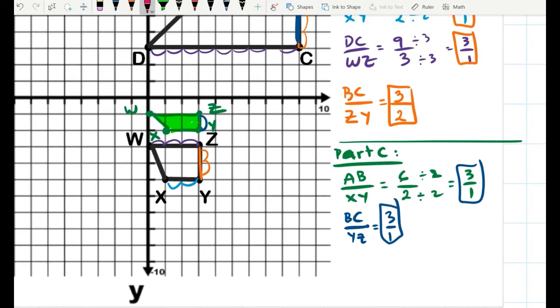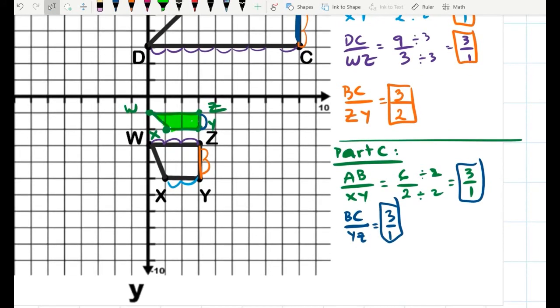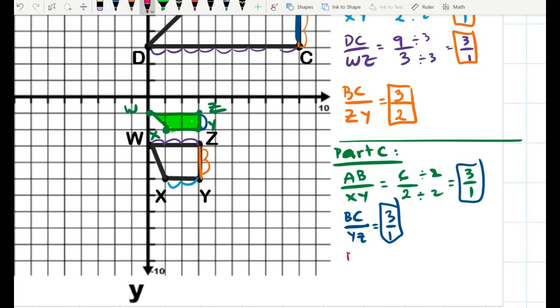If you're not convinced, you can go ahead and check the third one. Let's say DC over WZ. DC is 9, WZ is 3, right? 9 over 3, we reduce it by 3, that will give you 3/1. That also follows the same scale factor, 3/1.